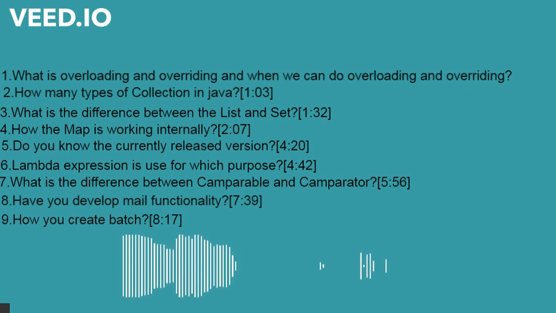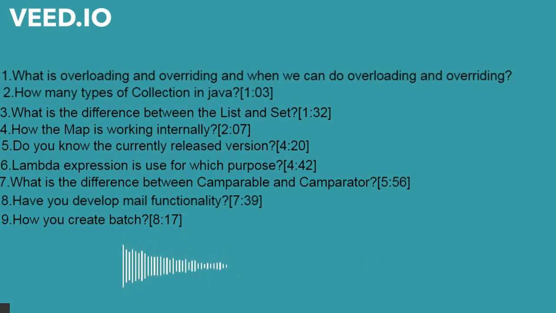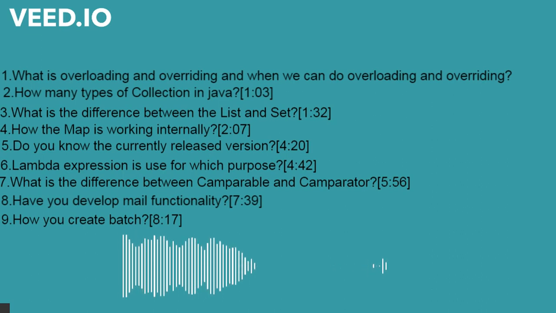Okay. What is the difference between Comparable and Comparator? See, both are used to make comparisons between two objects. By default, if we want to compare two integer numbers, it is easy for Java itself.